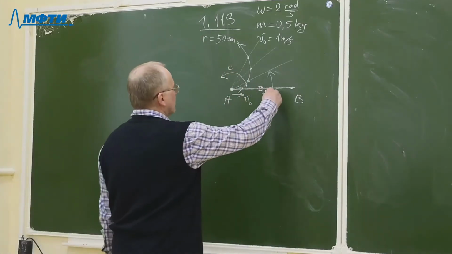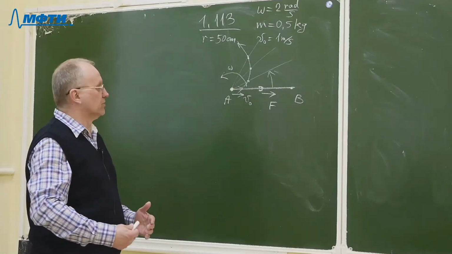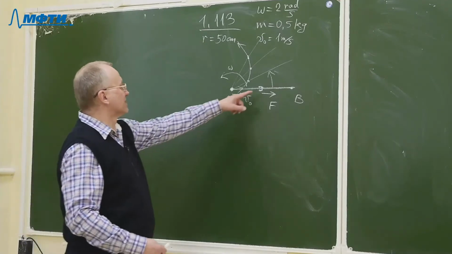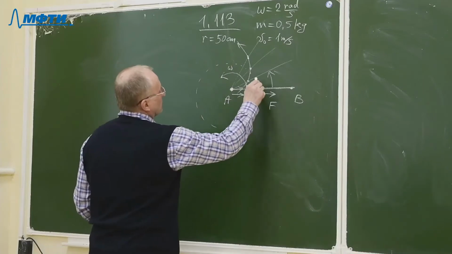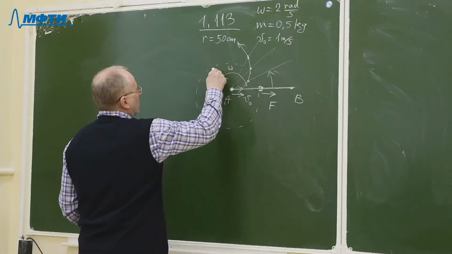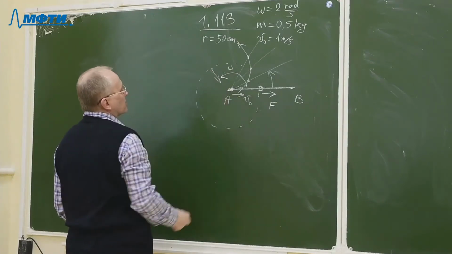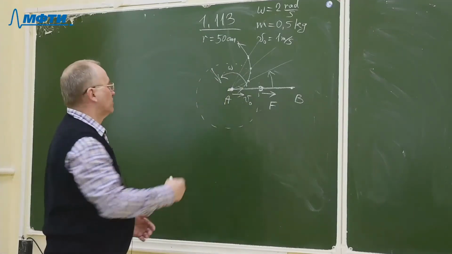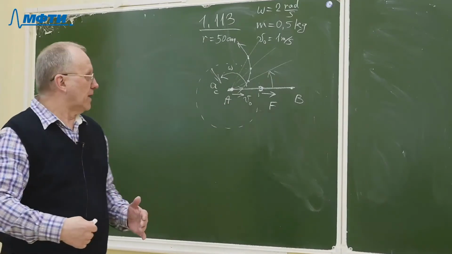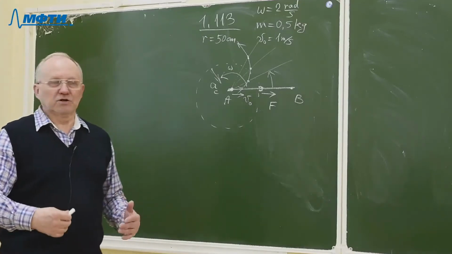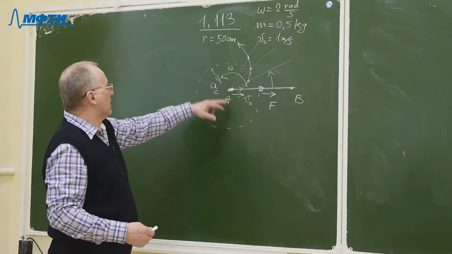There is a centripetal force from the point of view of an inertial observer who is in the laboratory reference frame. We will see that this fixed body goes along a circular trajectory, and in every point there is an acceleration directed to the center, and this is a centripetal acceleration from the point of view of a laboratory observer who is not moving with respect to the Earth.